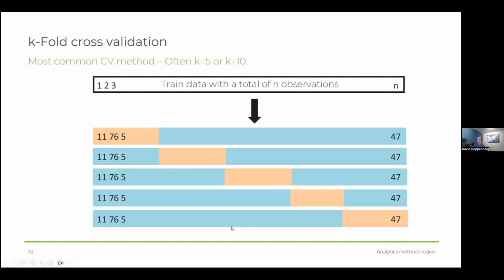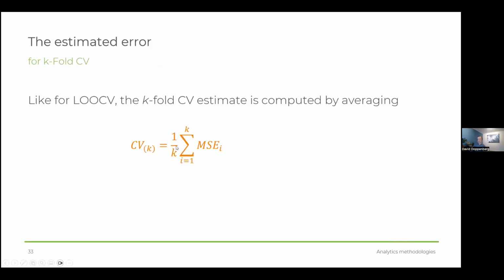That means we are going to retrain our model 5 times on the different train test splits, recalculate our test scores 5 times, and then again calculate the averages. But in this case, not over all n data points as in leave-one-out cross validation, but K, the one we picked. So 5 or 10 is something you typically use. This will be an average of 5 or K different KPIs.